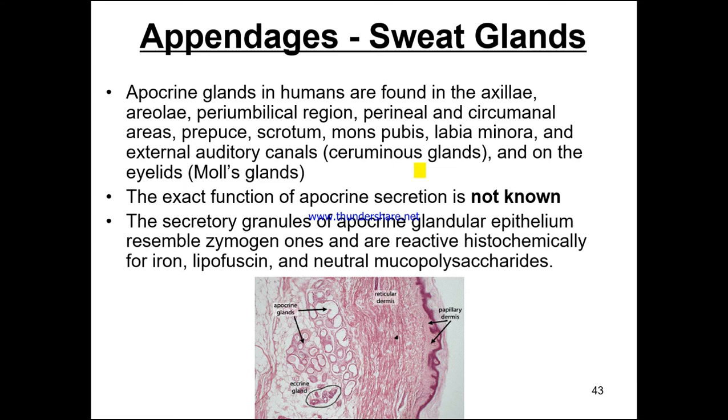The exact function of apocrine secretion is not known. The secretory granules of apocrine glandular epithelium resemble zymogen ones and are reactive histochemically for iron, lipofuscin, and neutral mucopolysaccharides.